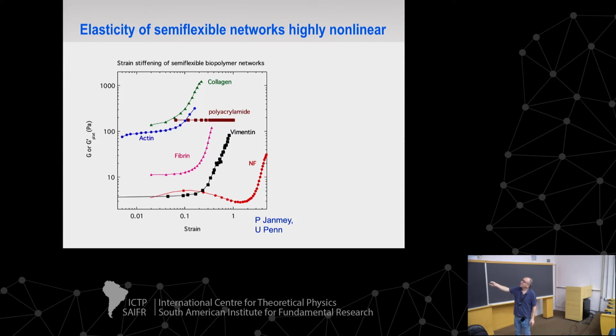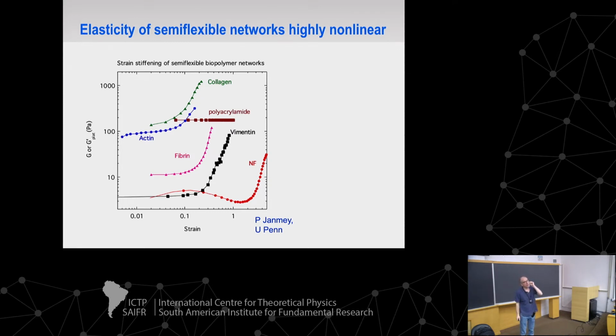Whereas all these biopolymers show a characteristic qualitative response, which you already know by pulling on your own tissue. Pull on your earlobe, and it'll stiffen. So it's roughly linear elastic initially, followed by a regime where the compliance basically goes to 0. You can load it with much higher stresses than you would expect based on its linear shear modulus.